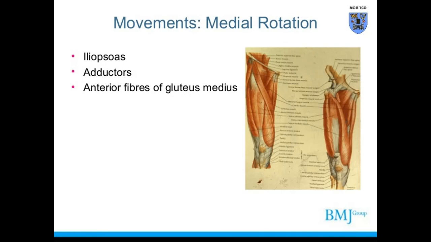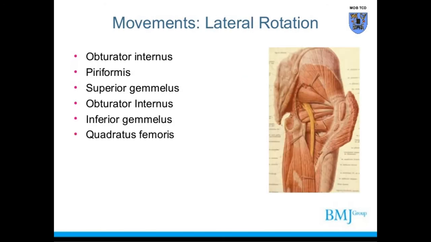Rotations: the medial rotators are the iliopsoas, adductors, and anterior fibers of gluteus medius. Lateral rotators are present mostly posteriorly: obturator internus, piriformis, superior gemellus, inferior gemellus, obturator externus, quadratus femoris. They are all lateral rotators of the hip.